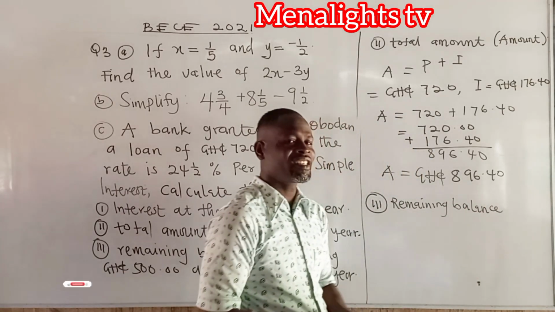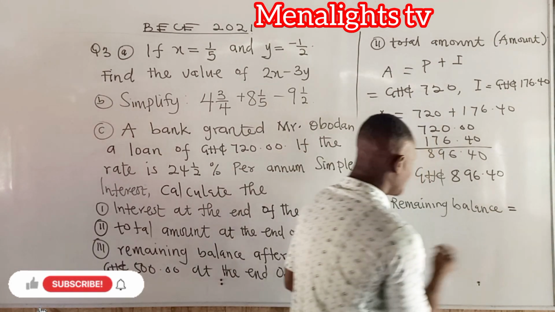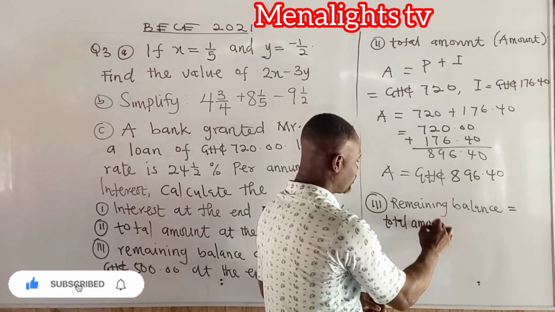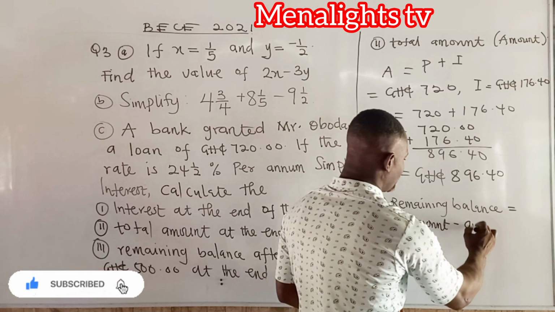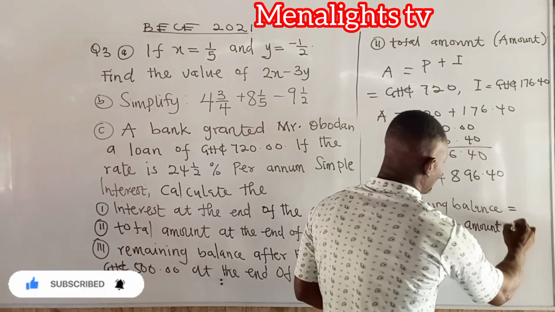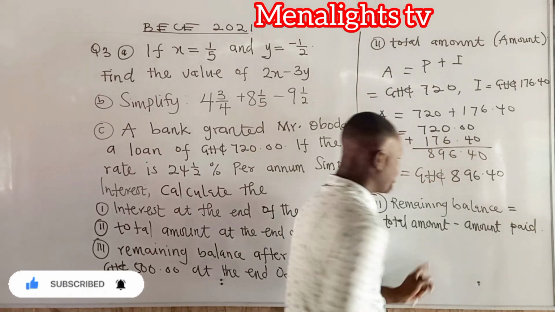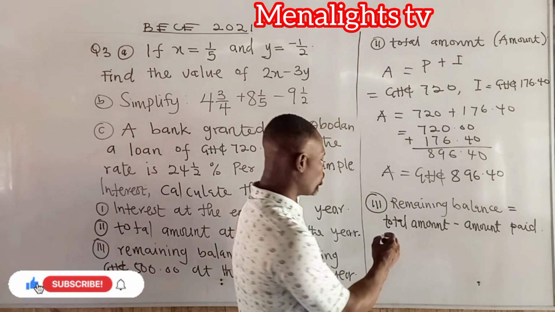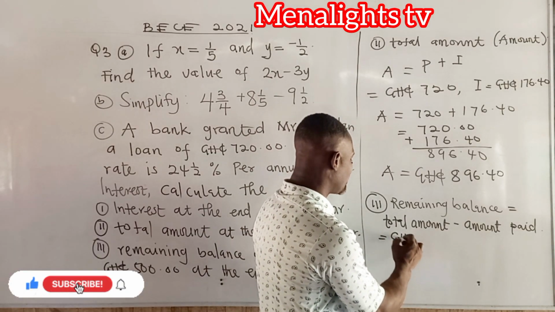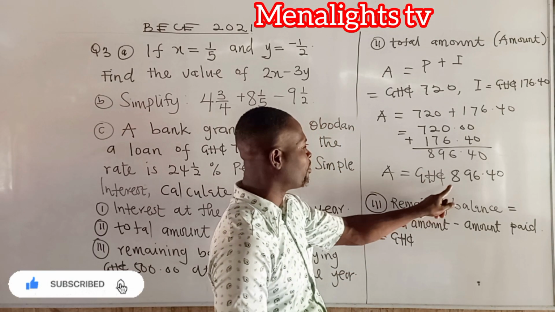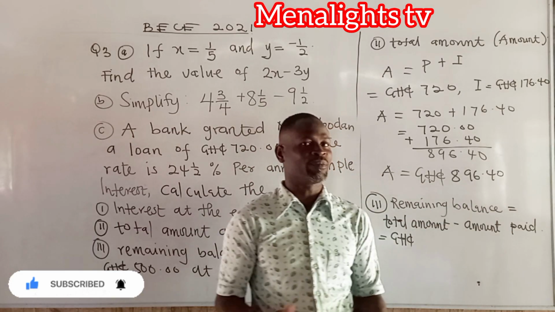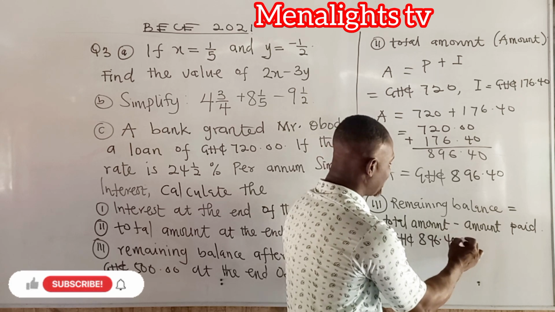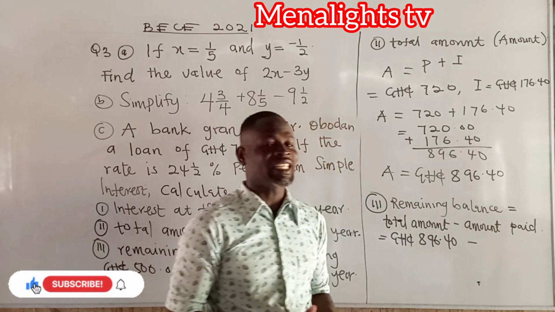the remaining balance is equal to the total amount minus the amount paid. So we know from the question that he is supposed to pay a total amount of 896 cedis, 40 pesos. So that is the total amount. Then minus the amount that he actually paid.